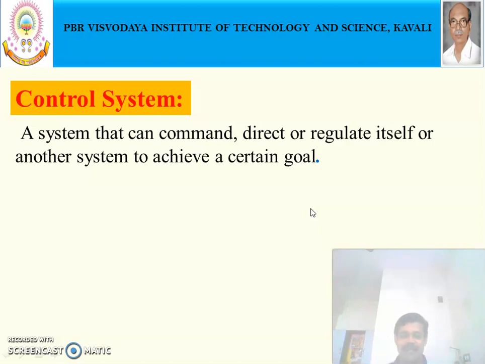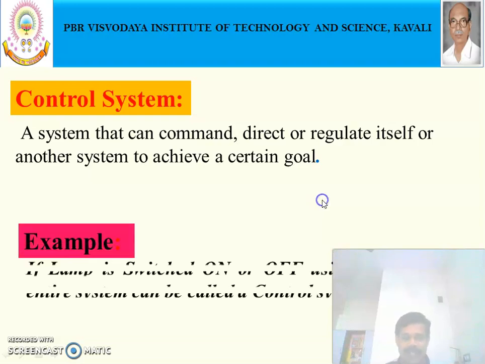Examples of control system: our fan is a control system, refrigerator is a control system, our air conditioner is a control system, car is a control system. These are the examples of control system.